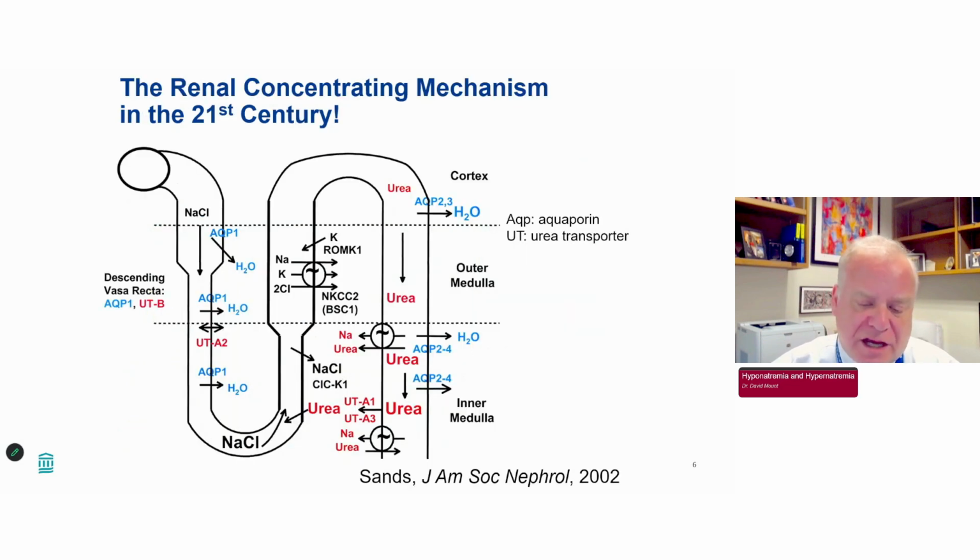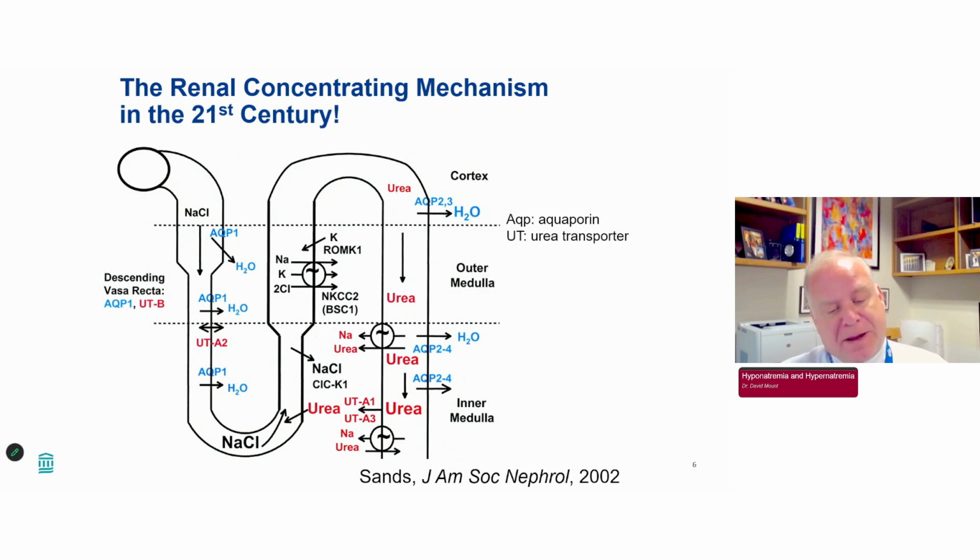And this terrific scheme from Jeff Sands, I've not changed for more than 20 years now. But it underlines the fact that the renal concentrating mechanism really involves several tubular segments. In the descending thin limb, aquaporin 1 plays a big role in passive water absorption that increases tubular sodium chloride.